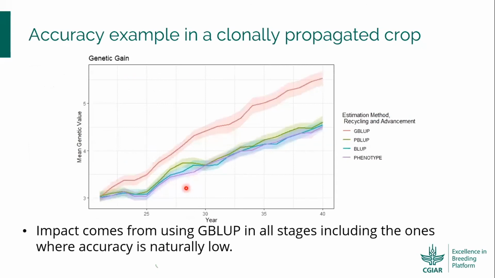Then what will happen after 20 years? In simulations, we normally simulate 20 years for a program running as a standard, and then suddenly we start doing it differently, with four different scenarios. And what is shown is that if they were to start using G-blob, they would find a high increase in genetic gain in the next 20 years.